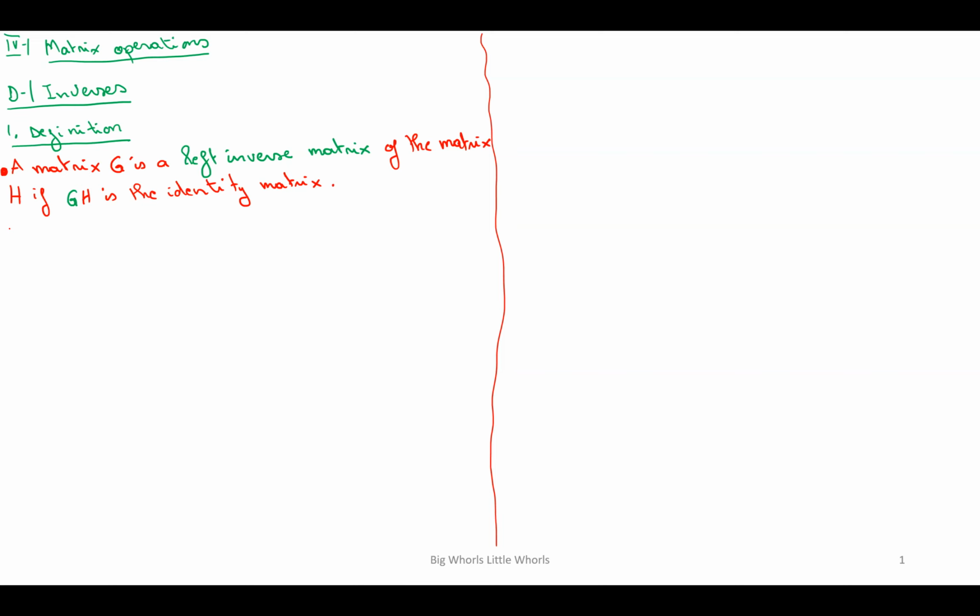We have two or three elements to view in this definition. So, I mean, you can guess it is the right version.